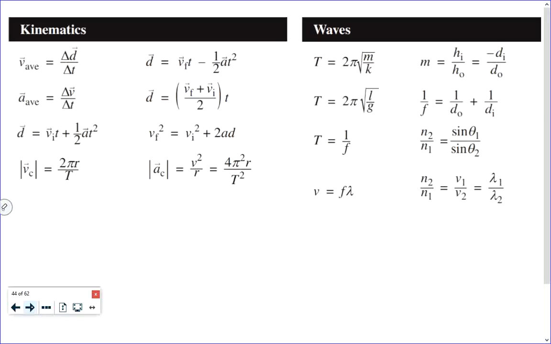Notice, everybody, and I'm kind of going around a little bit in circles here, no pun intended. Notice no place on your formula sheet do you see a formula that says F sub c. Why not? Why is there no formula for centripetal force? Yep.